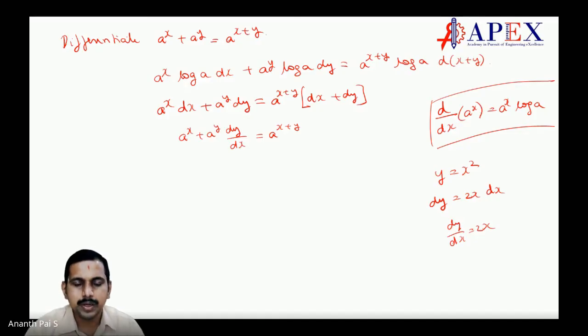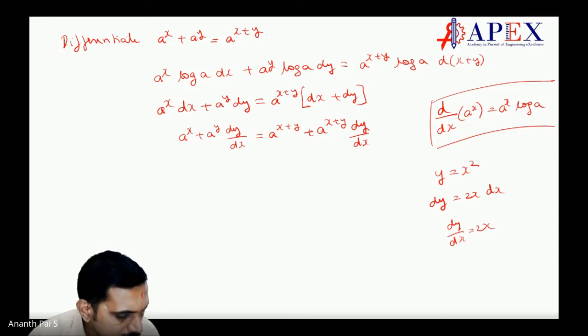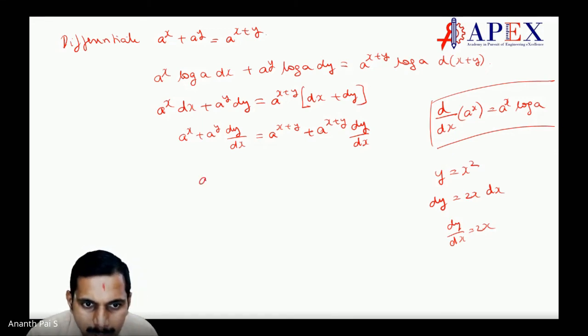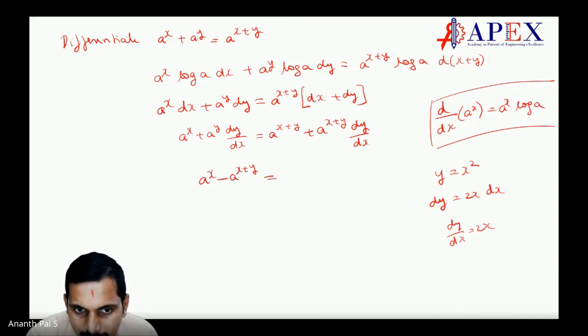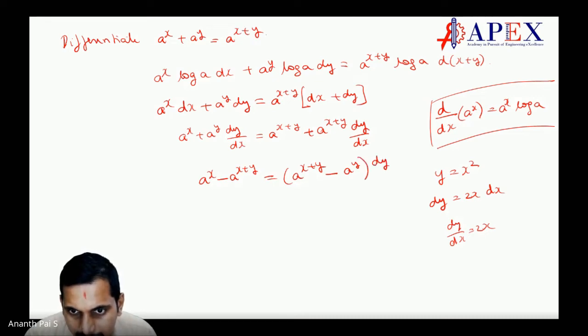Okay, so a power x dx plus a power x plus y dy by dx, so this we will make it together. So we will get a power x minus a power x plus y is equal to, in this case, dy by dx, or we will write here like this: a power x plus y minus a power y dy by dx, correct?